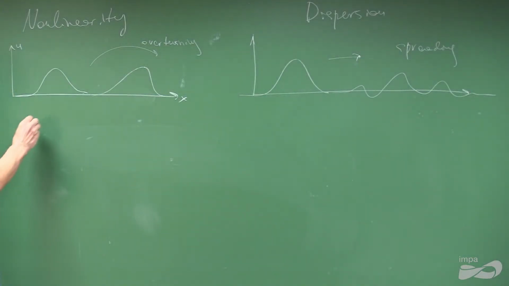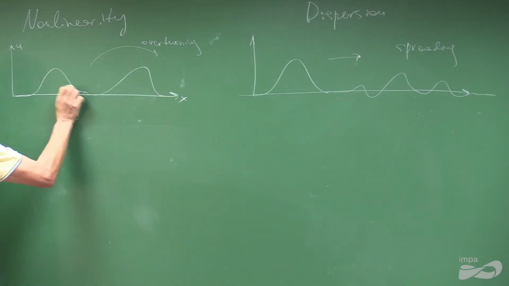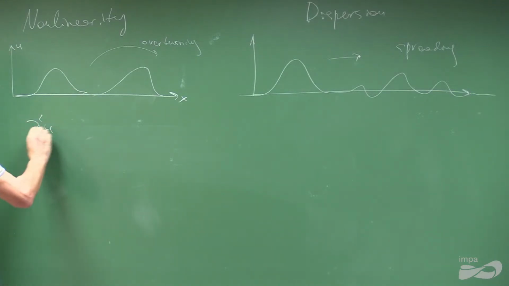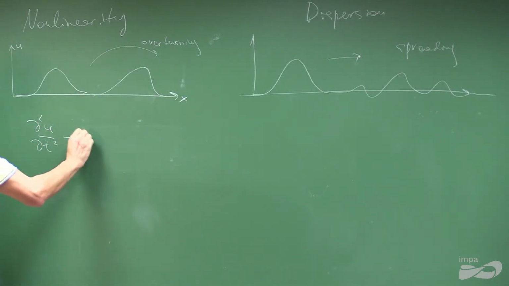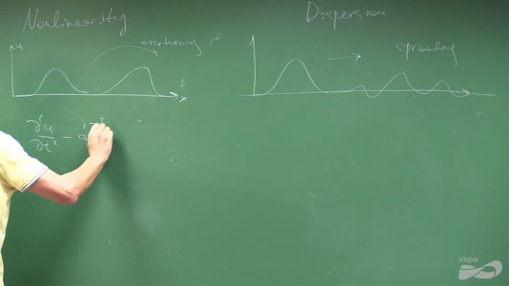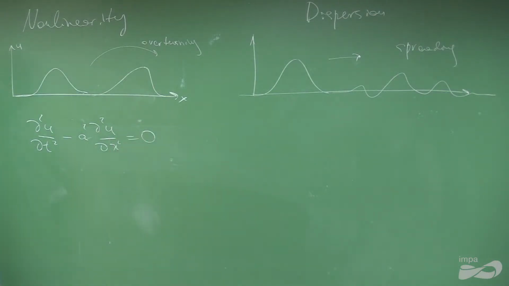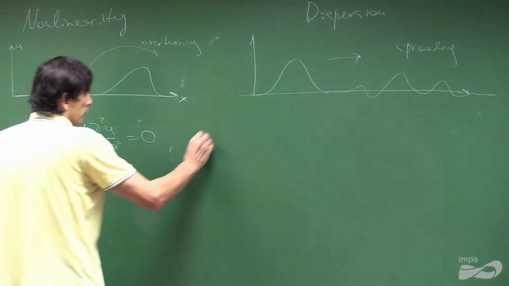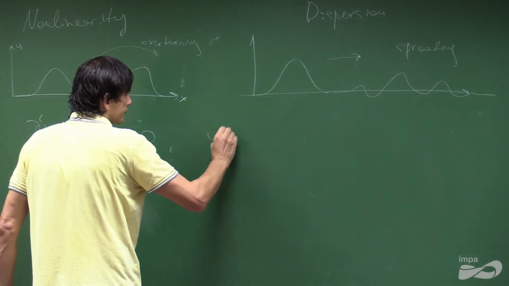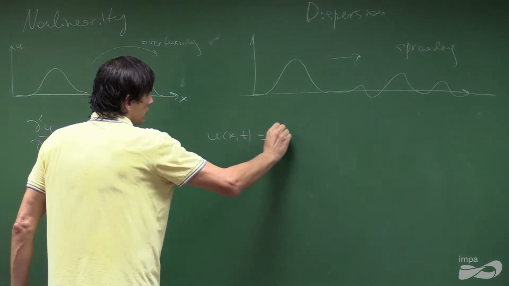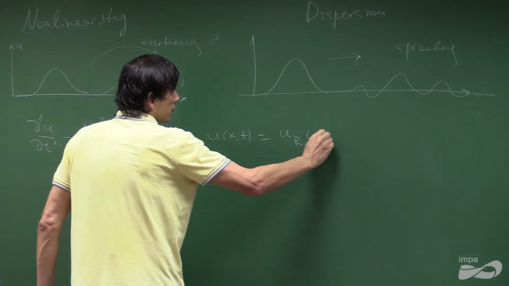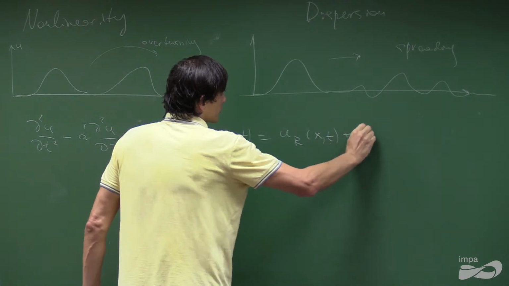We took the wave equation, and we know that the wave equation solution can be written as a sum of a left-going wave and a right-going wave. So we wrote that u(x,t) is a right-going wave plus a left-going wave.